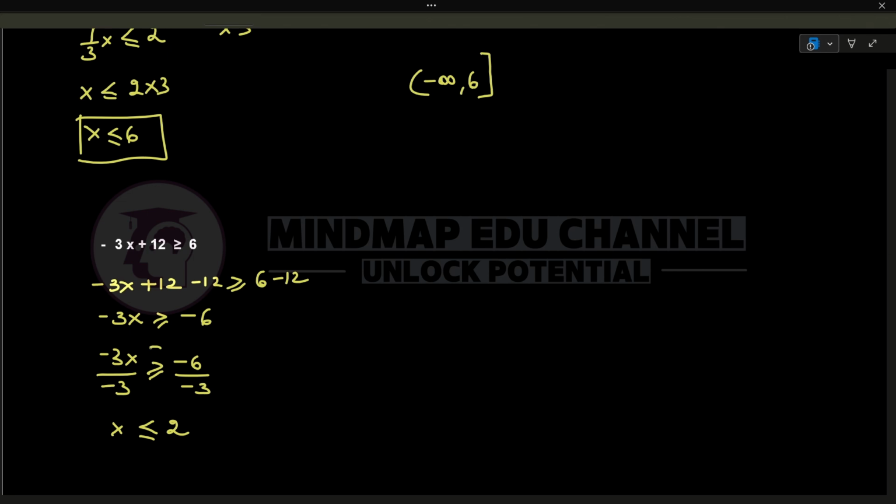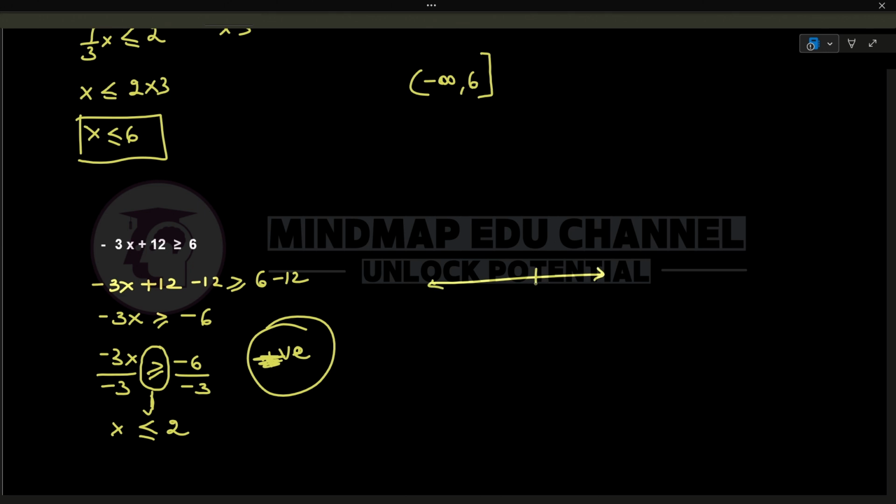Now, you see this inequality sign has changed to this inequality sign. Why? Because according to our second basic point, whenever you multiply or divide by a negative number, the inequality sign will change. Clear? Okay. Now, let's plot it on a number line.